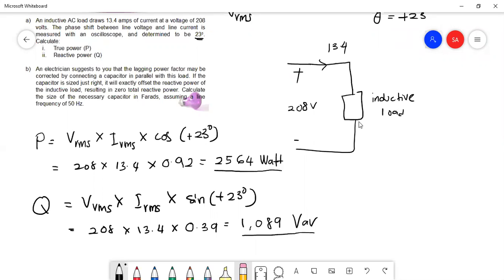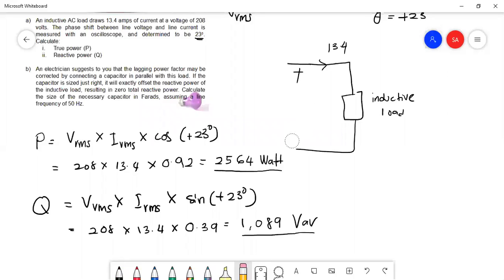If the capacitor is sized just right, it will exactly offset, meaning eliminating the reactive power, resulting in zero total reactive power. Calculate the size of the necessary capacitor in farad, assuming a line frequency of 50 hertz.